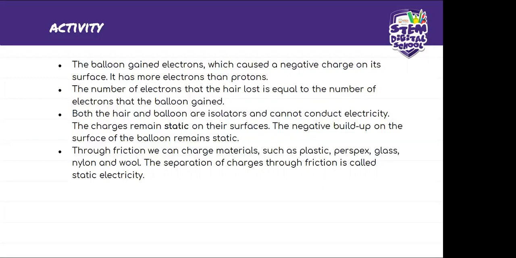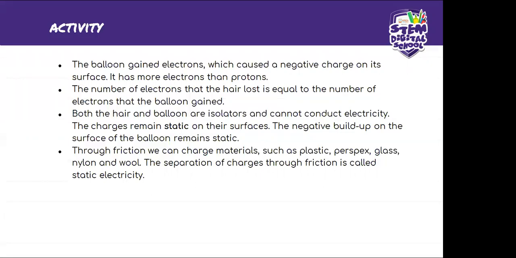You see that the charge on the pen is able to pick up whatever you send close to it. So through friction we can charge other substances. You remember we have different methods of charging. So it's through friction. We can also talk about induction.